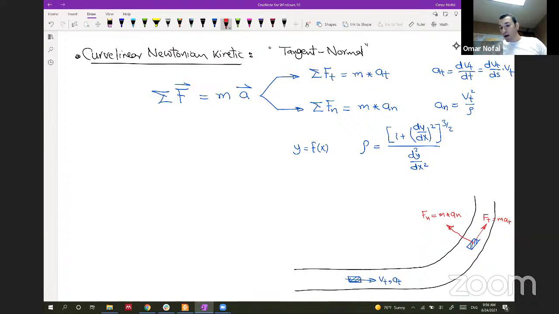If your car failed to have this normal component, it would shoot in a straight line like this, and you would get out of the curve. So how can the car generate a force in the normal direction, so you cannot get outside of the curve?